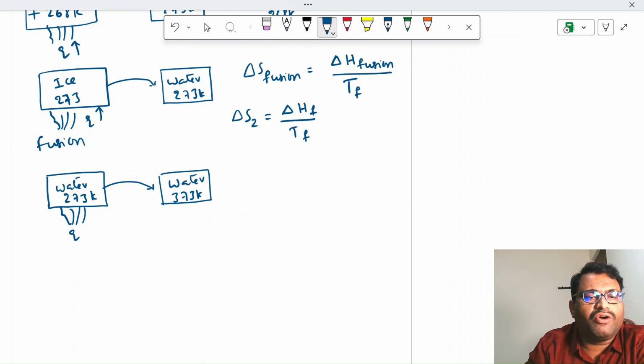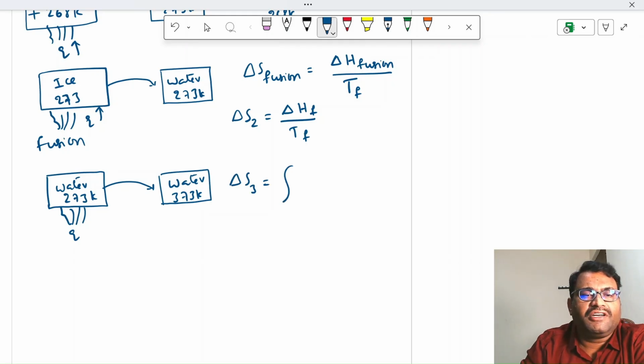When you go on heating this water at 273, you will find that the temperature of the water slowly increases up to 373 Kelvin. So now there is a change in the temperature. Then delta S3 can be calculated as: initial temperature is 273 Kelvin, final temperature is 373 Kelvin.